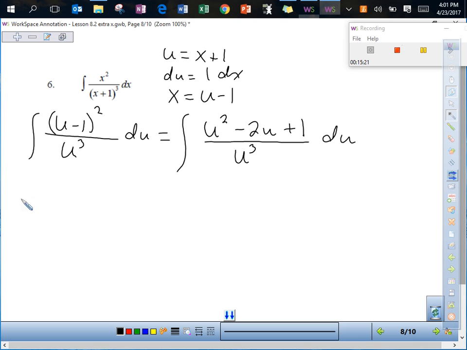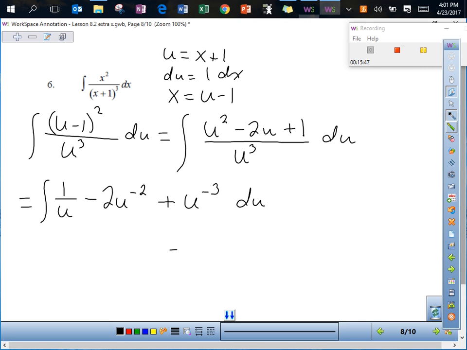I'm going to simplify this. U squared over u cubed, I'm going to write that as 1 over u, hoping that you recognize the natural log. And I've got minus 2u to the negative second plus u to the negative third. And then there's my little du out there.